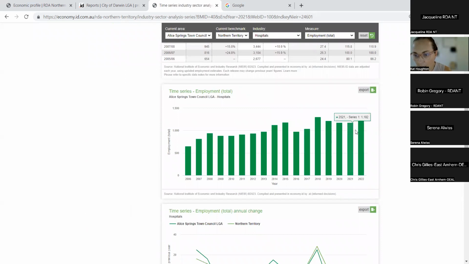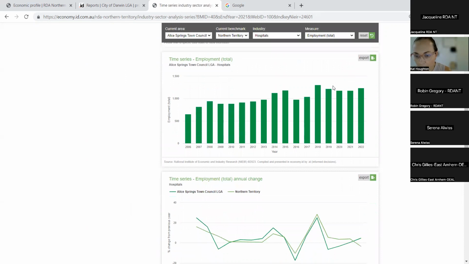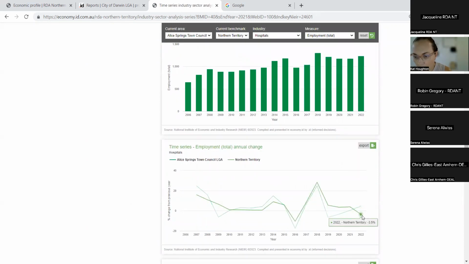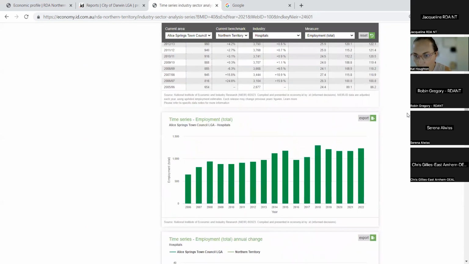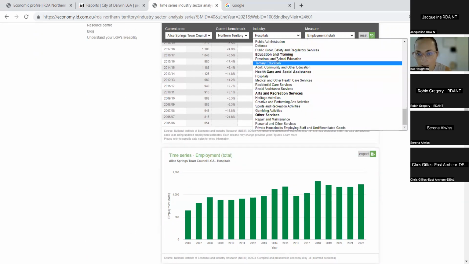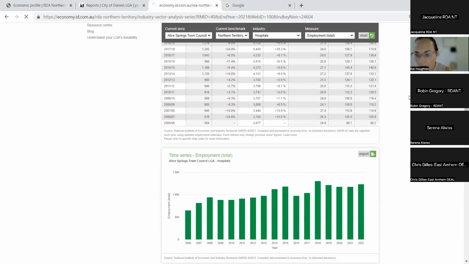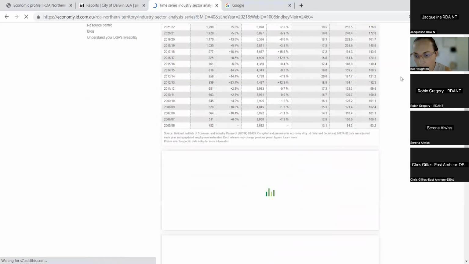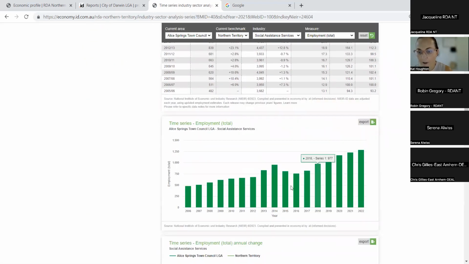We can see here we've had a little bit of growth between 21 and 22 in terms of employment, and stronger than the NT. Let's have a look at social assistance. We can see we've had very strong growth since 2016, which wouldn't surprise me if that's when NDIS really started to take off in the community.